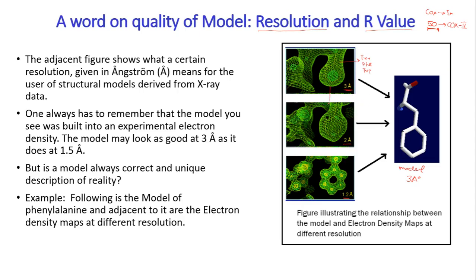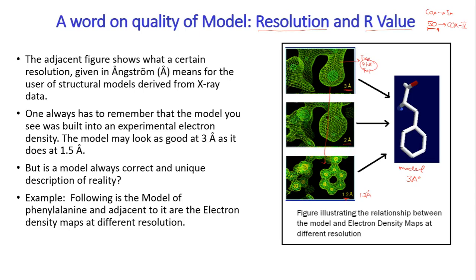But as the resolution of the electron density map increases and you have a finer resolution map, you are in no confusion as to whether to fit tyrosine, phenylalanine, or tryptophan. At 1.2 Armstrong resolution, it becomes very clear that it is phenylalanine that fits here.